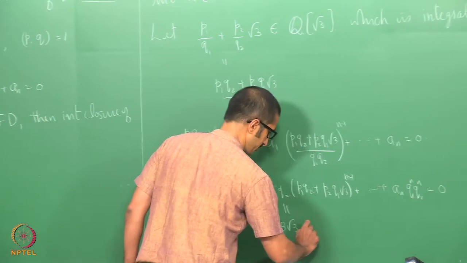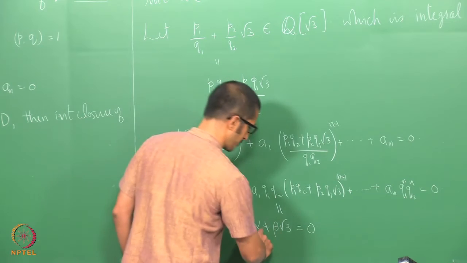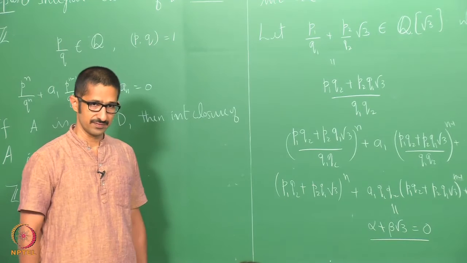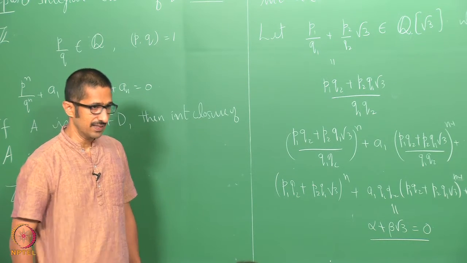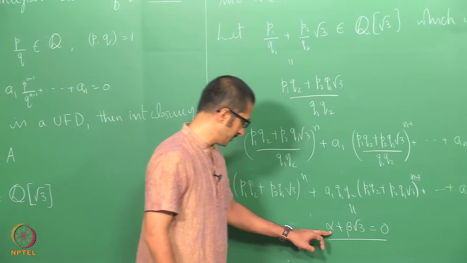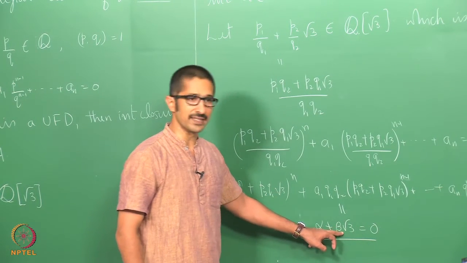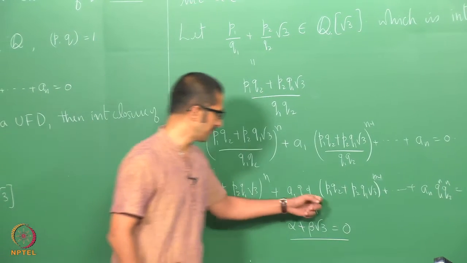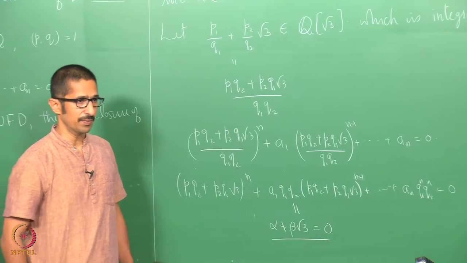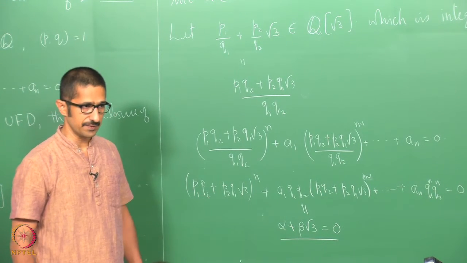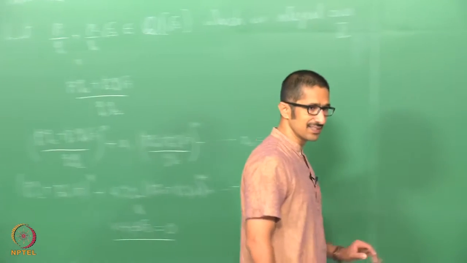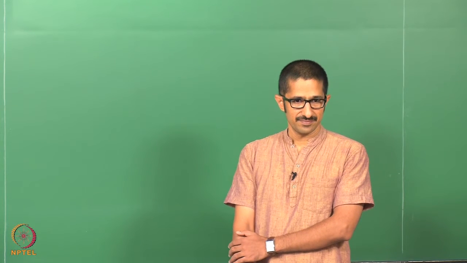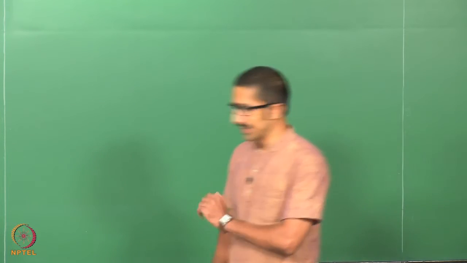This will reduce to the form alpha plus beta root 3, right. Now this says that alpha is 0, beta is 0. Now you have to see what are alphas here, alpha coming from each place, and then try to reduce it. Okay. So this is not that easy, right. Now let us look at another method.